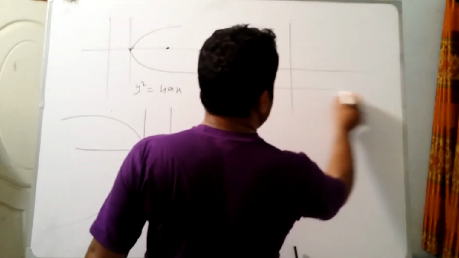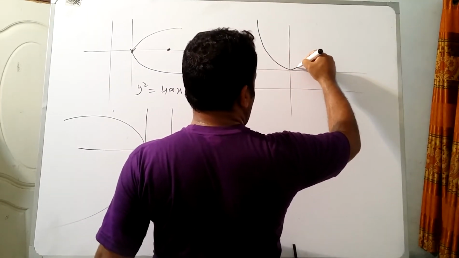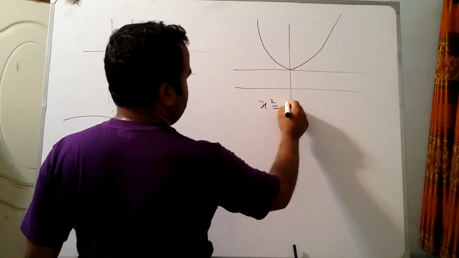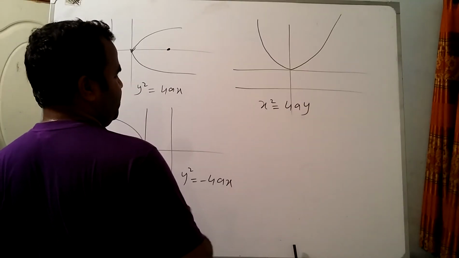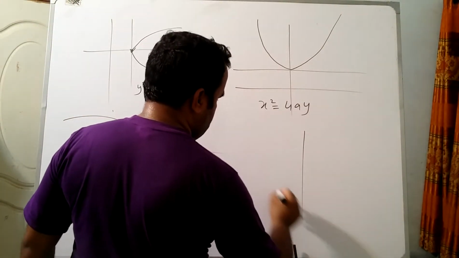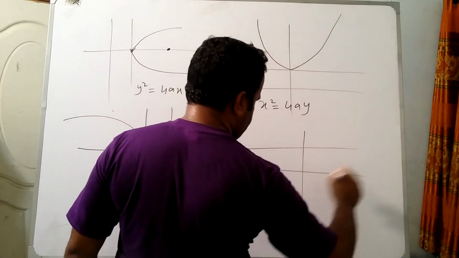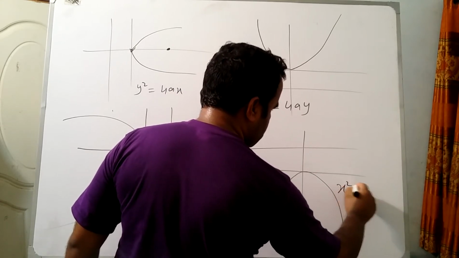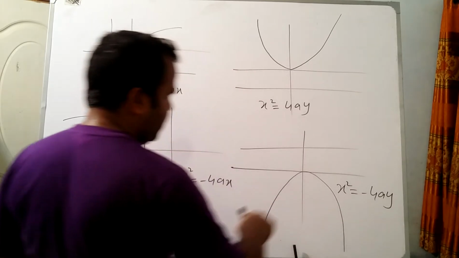Suppose this is the directrix and the parabola is passing over here. This is x squared equals 4ay. Now suppose here is the directrix, and this is x squared equals minus 4ay, on the negative y-axis.